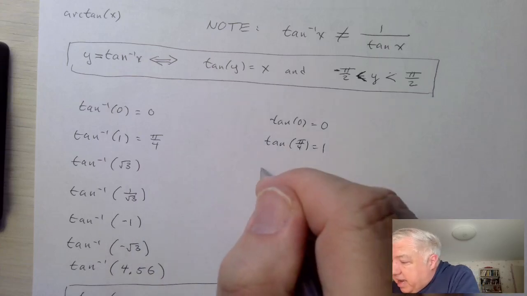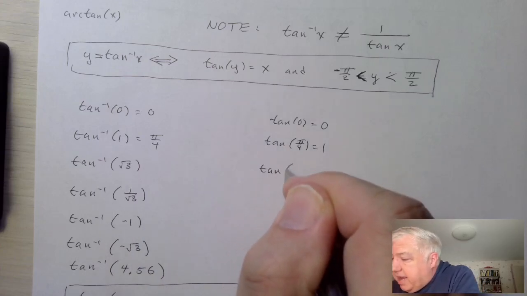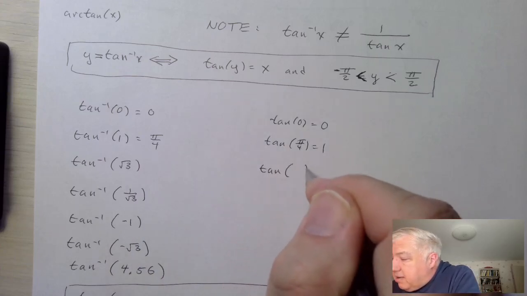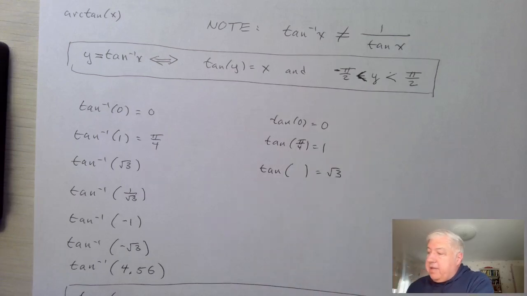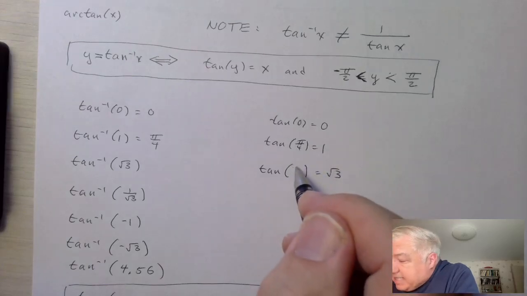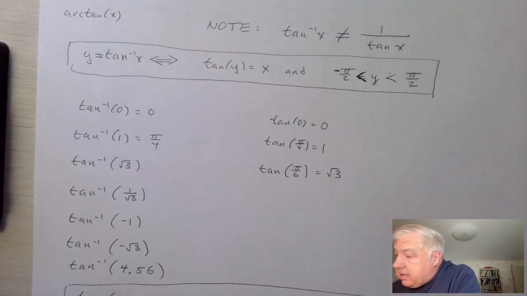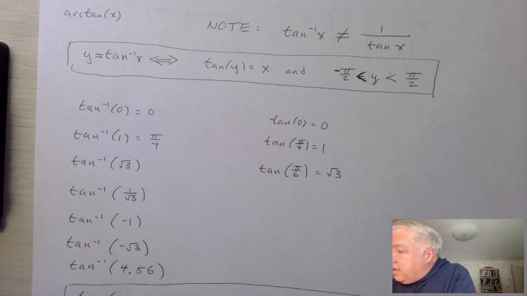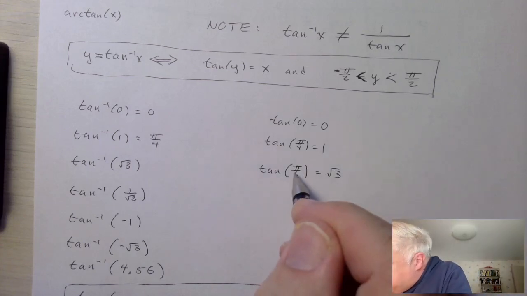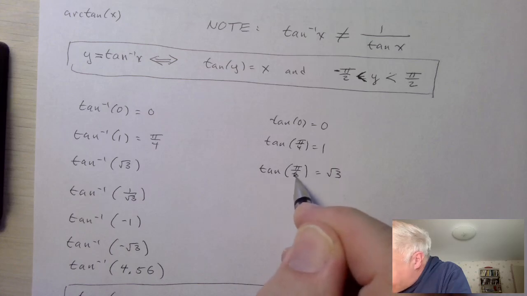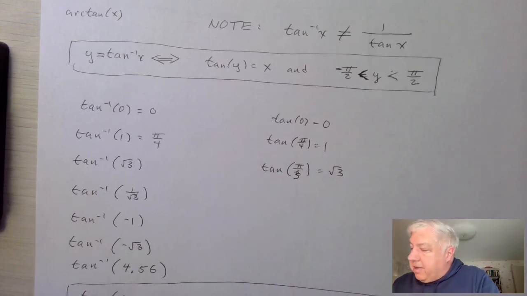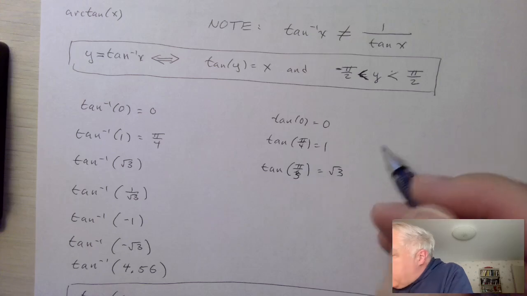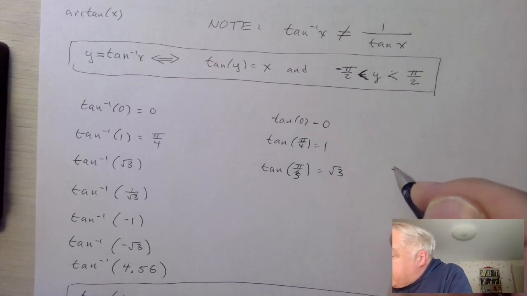If you recall, what angle has tangent equal to square root 3? I believe that is pi over 6. Actually, it should be pi over 3, because we want this to be equal to square root 3 over 2 over 1/2.